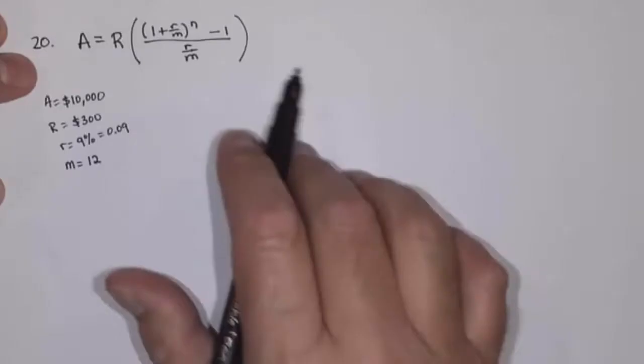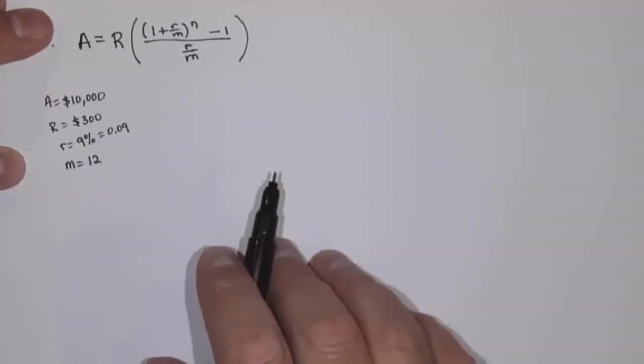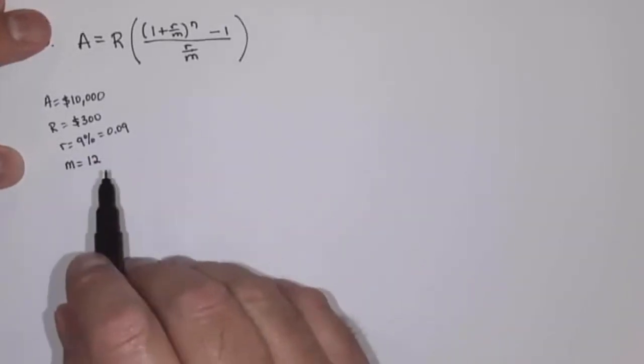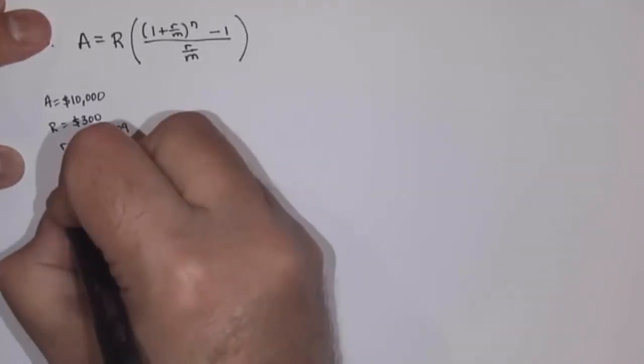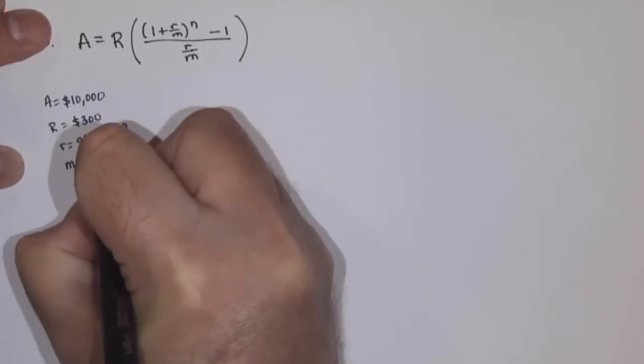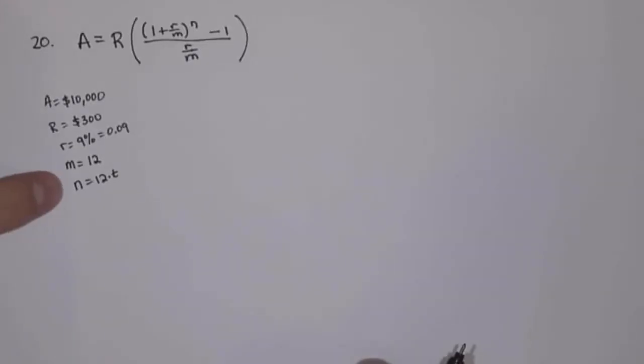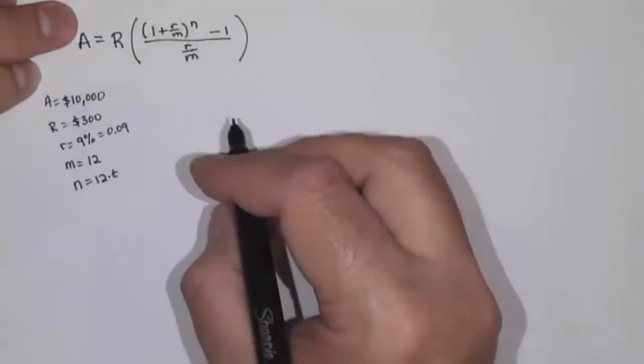Well, let's just substitute our values in and figure it out. If we want the time in years, then n is going to equal 12 times t, and we'll have to solve and see what t is. If we just want the time in months, then we can just use n without the 12 times t there.